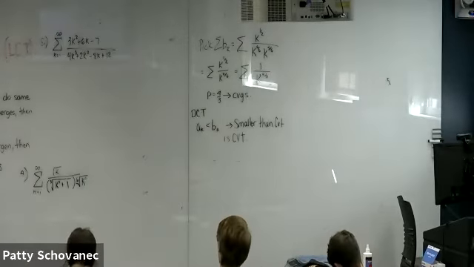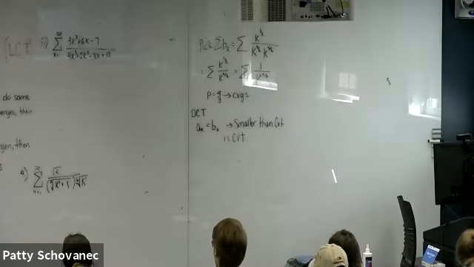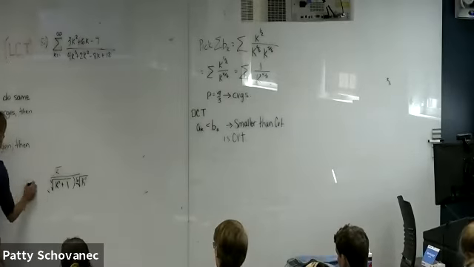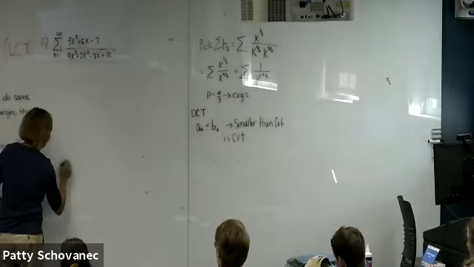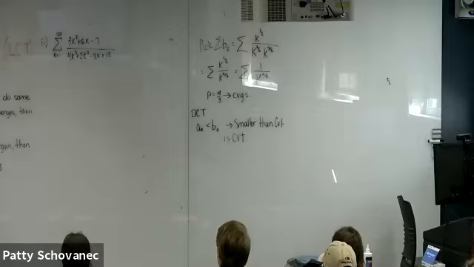Gosh, that's got a lot of Ks in it. Any feelings about whether this should converge or diverge? It looks like a P series and you have 1/K.